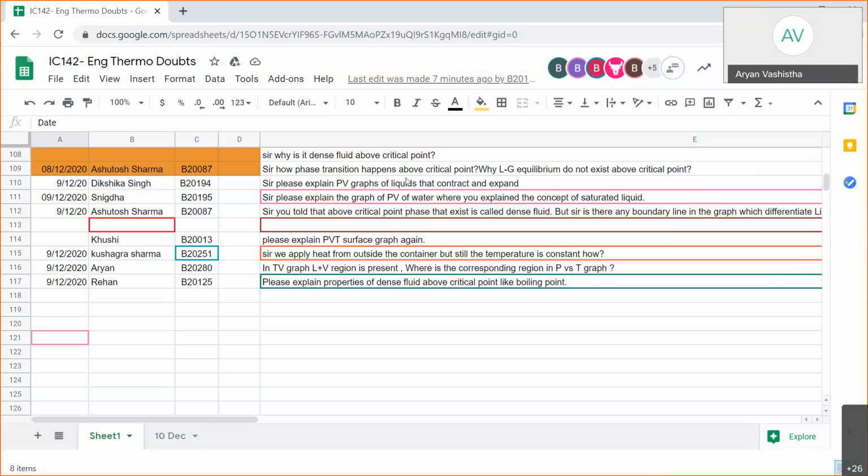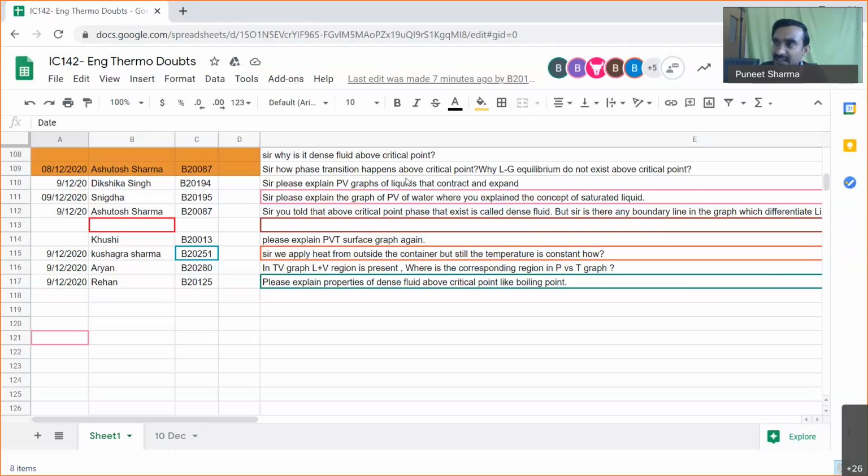Next question is, please explain properties of dense fluid above critical point like boiling point. So that's very difficult to tell, as I have already specified you that above critical point we are not having any definite boundary which represents the transition from liquid phase to vapor phase.